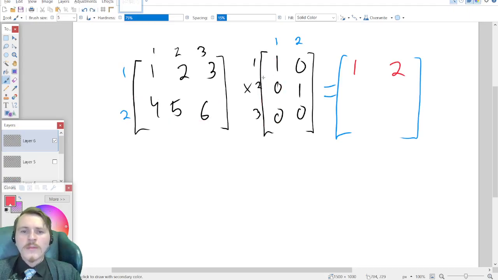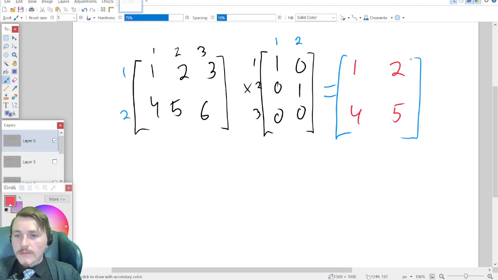All right. 4 times 1 is 4. 5 times 0 is 0. 6 times 0 is 0. 4 plus 0 plus 0 is 4. Great. Last thing, second row, second column. 4 times 0 is 0. 5 times 1 is 5. 6 times 0 is 0.